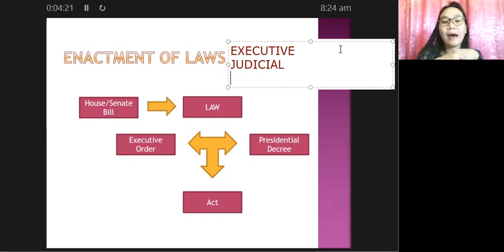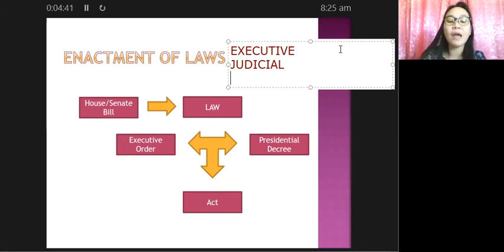And then we also have the Court of Appeals, the regional trial courts, and, of course, the municipal trial courts. All of these offices and public officials belong to the judicial branch of the Philippine government.